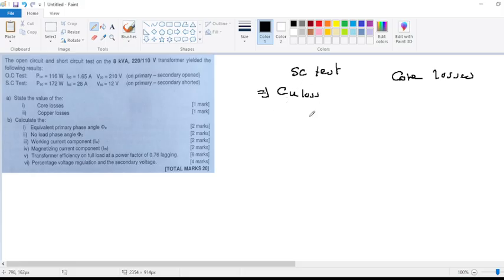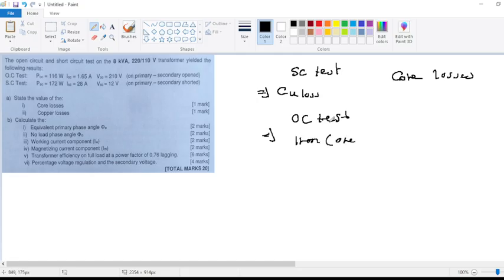But when you're dealing with the open circuit test, you determine the no load current and the losses, which are the iron losses. So the losses determined under the open circuit test are the iron losses, which are the core losses.